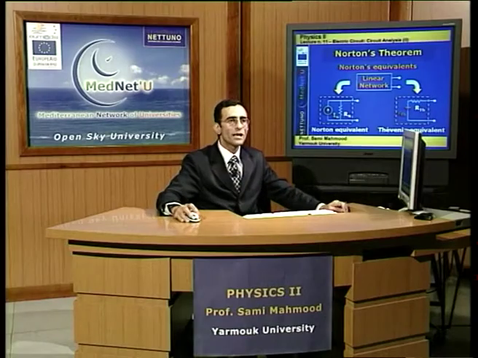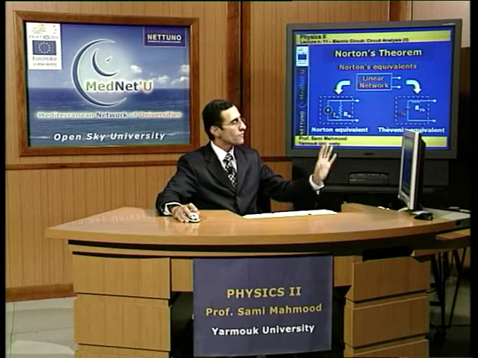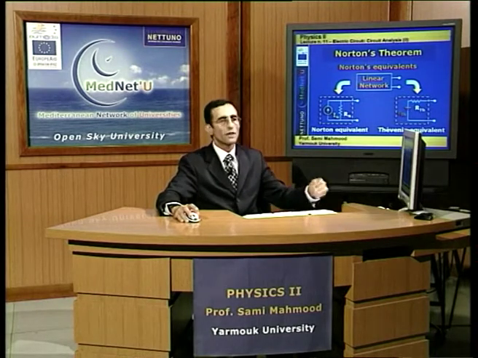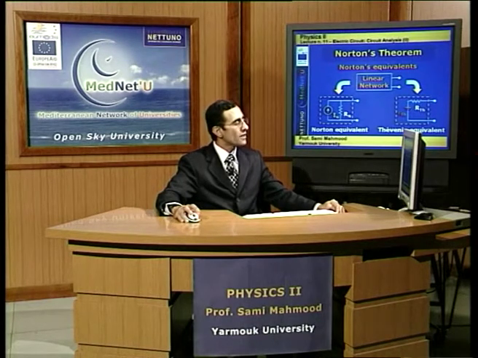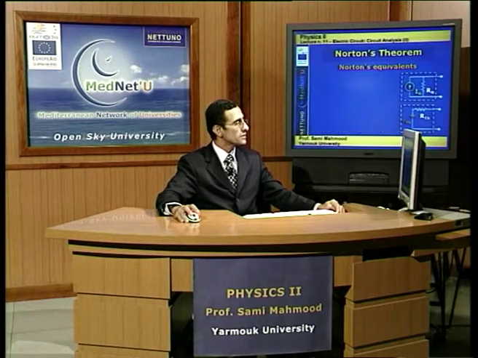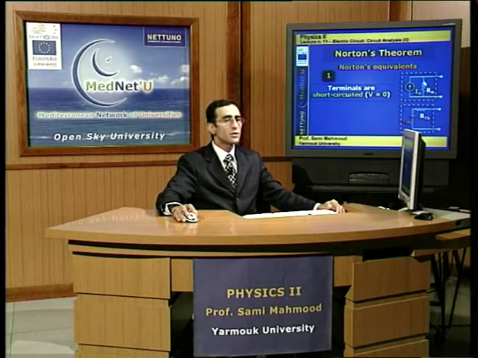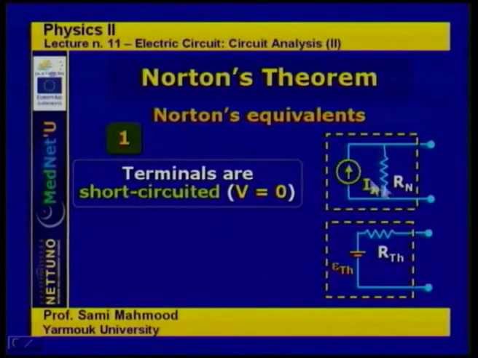And thus we can understand fully the behavior of the Norton's equivalent circuit, just like the way we understood the Thevenin's equivalent circuit. And this can be done this way. So we know that these two circuits are equivalent to each other, the Norton circuit and the Thevenin circuit.